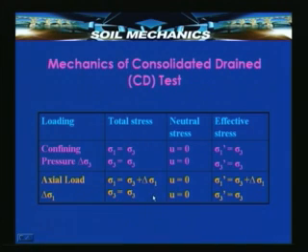Once again, during the application of this axial load, during shear, we permit drainage, we permit volume change, we do not restrict it. Therefore, U is again 0, there is no pore pressure developed, which means that the effective stress is the applied pressure once again. Sigma 1 dash is sigma 3 plus delta sigma 1, sigma 3 dash is equal to sigma 3. That means all the stress that we applied during this test gets converted into effective stresses. Let us see next.